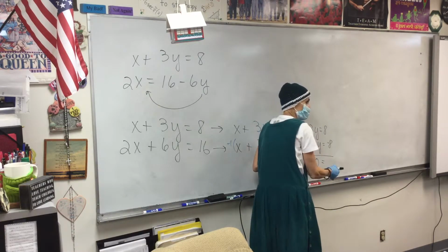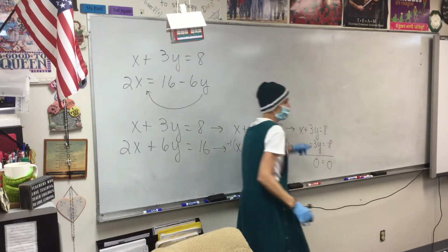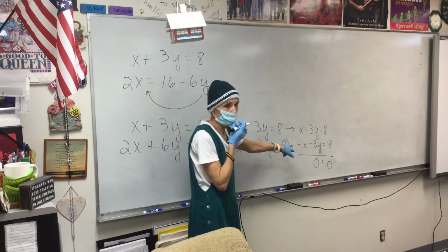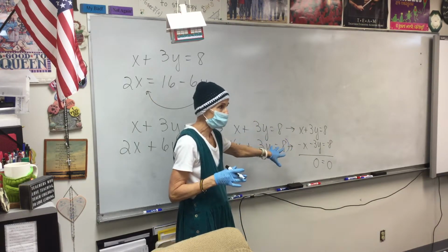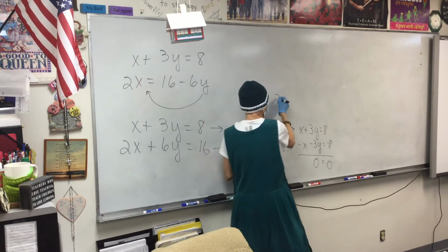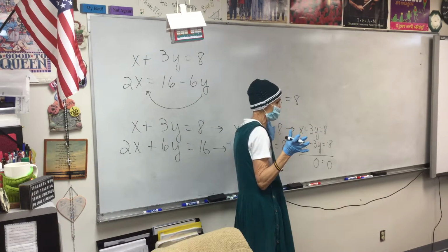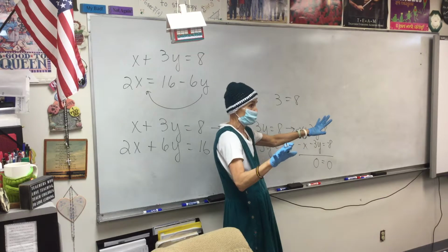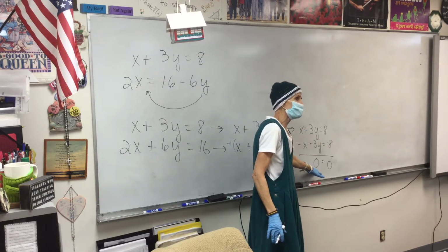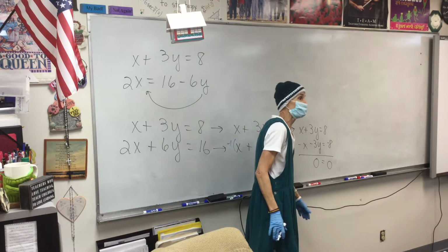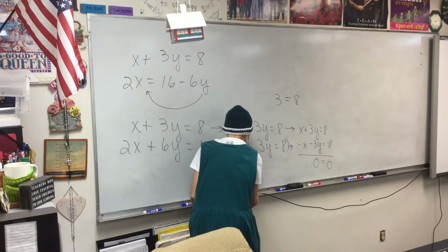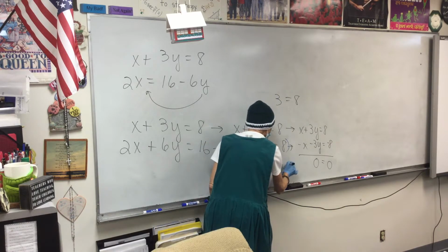What do I get over here? Now wait a minute. That's different than what happened before. What happened before was we got something like 3 equals 8 or something like that. That's wrong. What about this? Does it mean they're on top of each other? It means they're on top of each other. It means these are the same one.